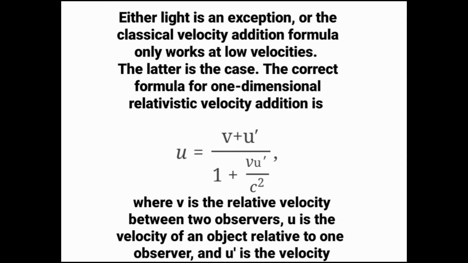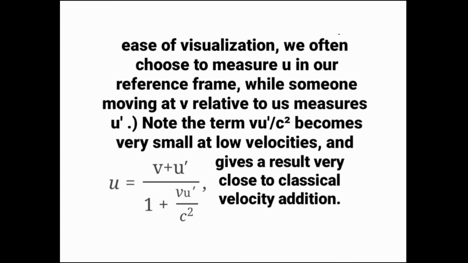The correct formula for one-dimensional relativistic velocity addition is u equals v plus u prime over 1 plus v u prime over c squared, where v is the relative velocity between two observers, u is the velocity of an object relative to one observer, and u prime is the velocity relative to the other. For ease of visualization, we often choose to measure u in our reference frame, while someone moving at v relative to us measures u prime.